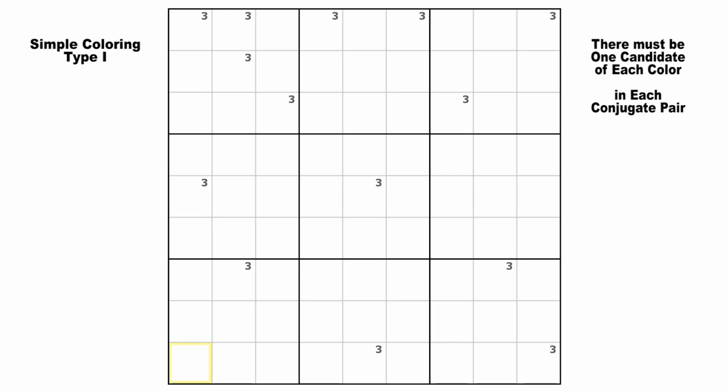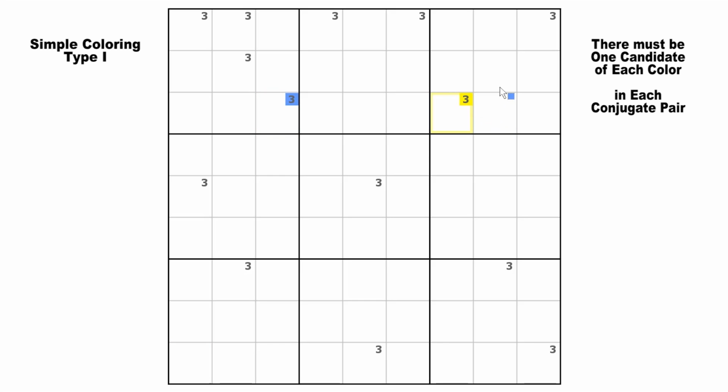So let's start in row 3, and since there are only two candidate 3s in that row, that is a conjugate pair. There is a conventional strong link between those two candidates, a direct link. One must be true and one must be false. We can start with either color, it makes no difference, but let's start with blue on this candidate 3, and we're going to make a conjugate pair over to this 3.